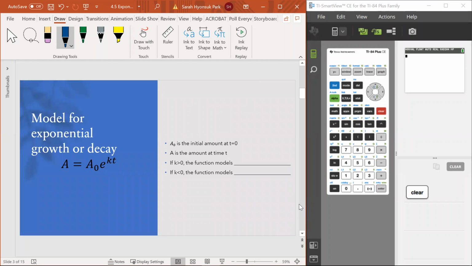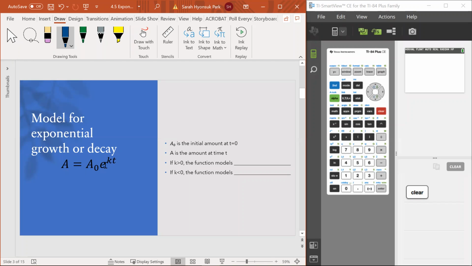Okay, so for the model of exponential growth or decay, we have A equals A naught e^(kt), or A initial. This little zero indicates the initial value of A at the initial time when time is 0. E is a number like pi, that with pi we all know it's 3.14.